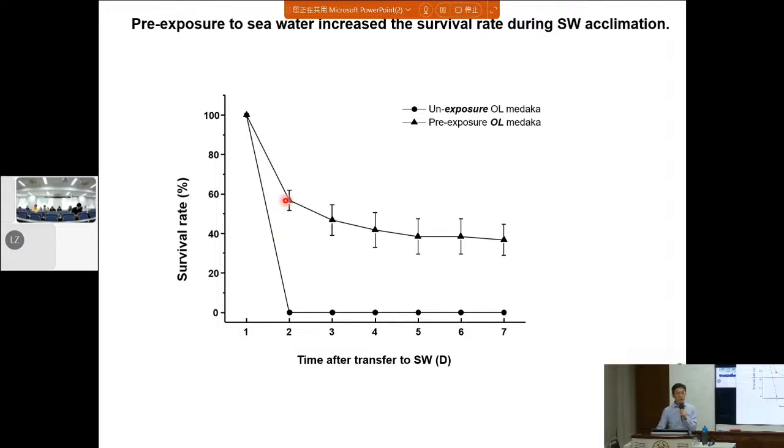But if we train the fish in brackish water, the survival rate dramatically increases, and more than half of the fish can survive direct seawater transfer.